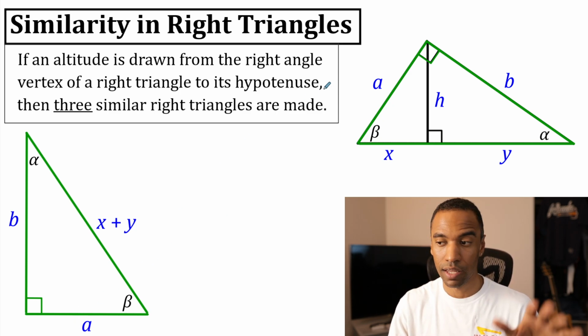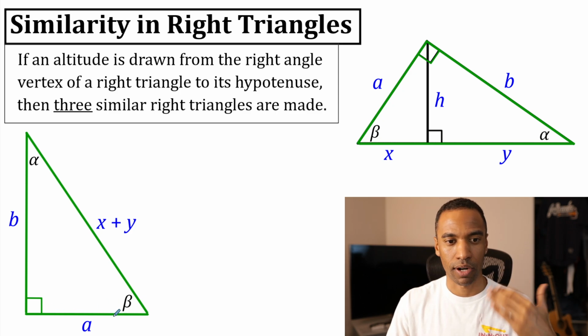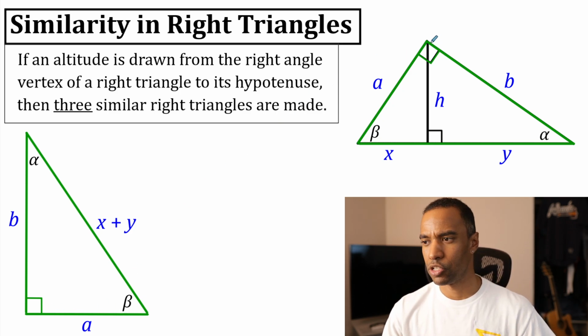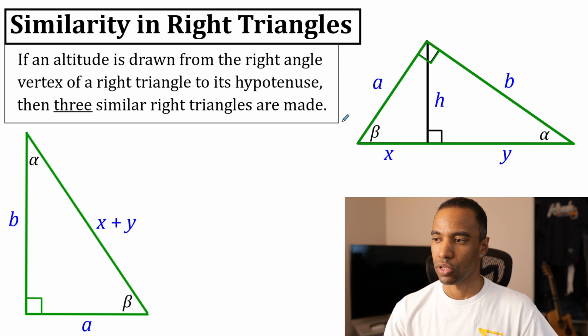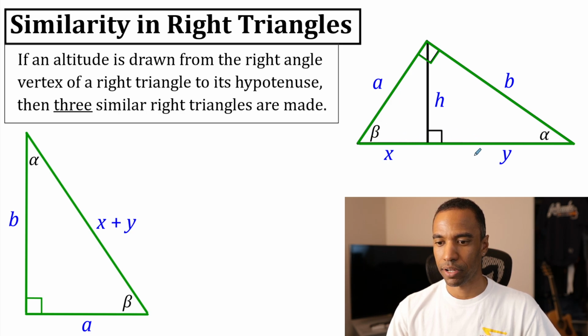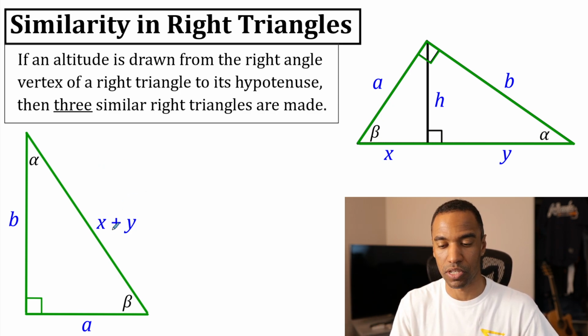I'll call it short leg, and then B I'll call long leg, if that's okay. So the short leg is A. I'll put it at the bottom. There's the right angle and the beta right there. And then there's the long leg B, which goes all the way to angle alpha. And then the hypotenuse, which before was C, I'm just now going to call X plus Y because it's the combination of those two there. I'm going to keep consistent with as few variables as I can.